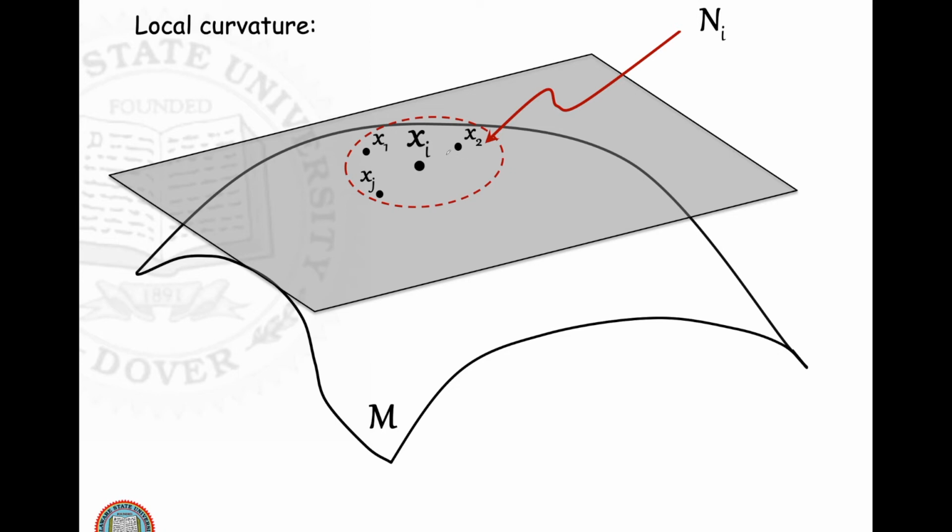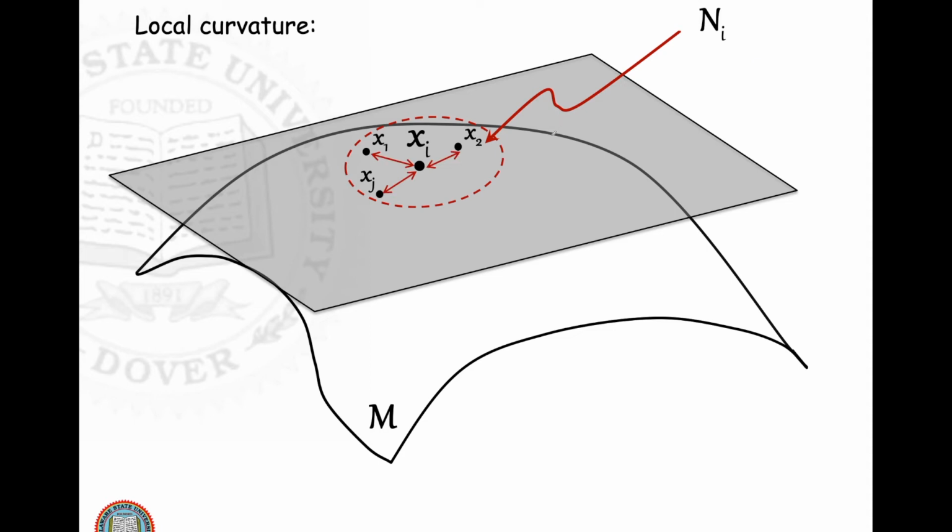Now, we take our neighborhood of xi, Ni, and we're going to use index j to refer to those points that are in the neighborhood of xi. So we're going to use j to index our x points, which are the neighbors in that patch around xi.